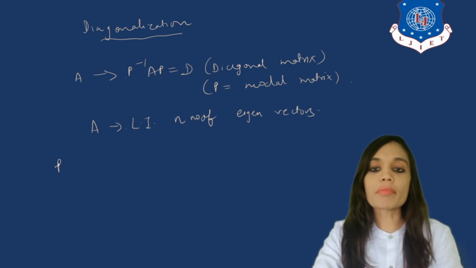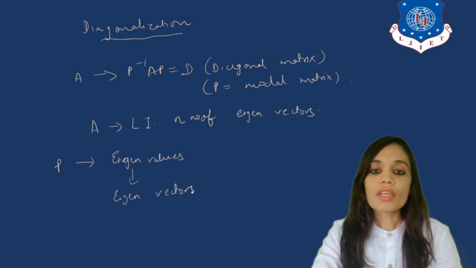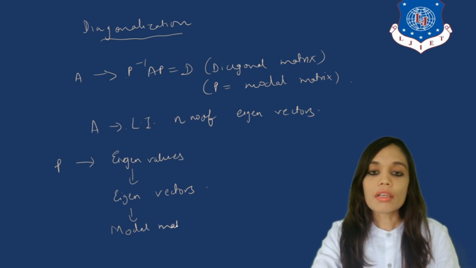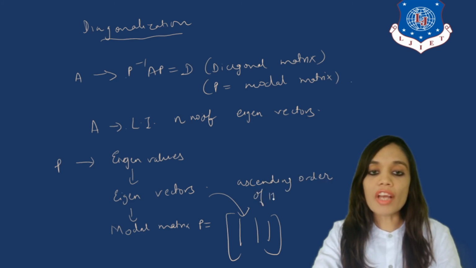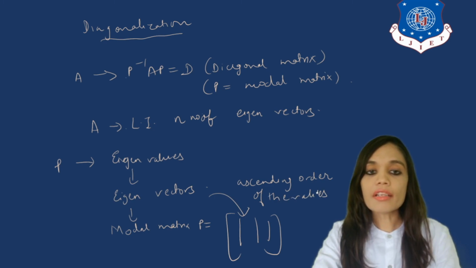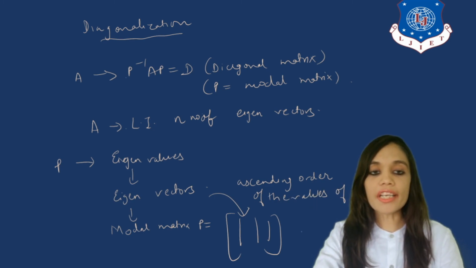Firstly, we find the eigenvalues using the characteristic equation. Then we find our eigenvectors. In the next step, we find our modal matrix P by writing our eigenvectors in ascending order of the values of lambda.